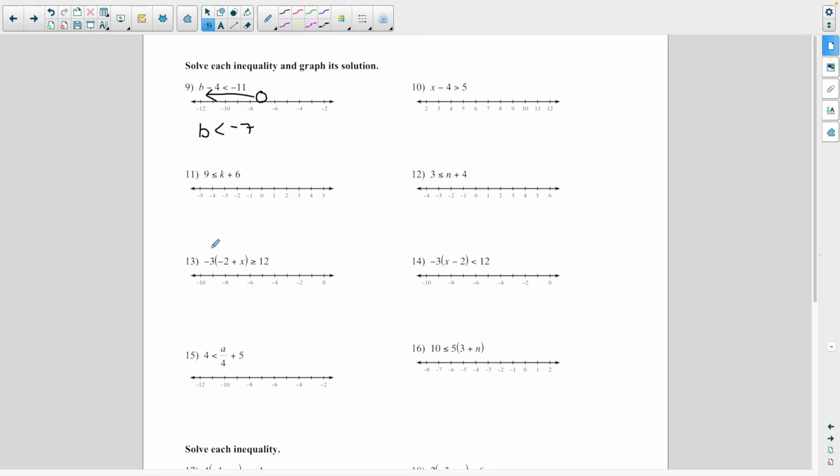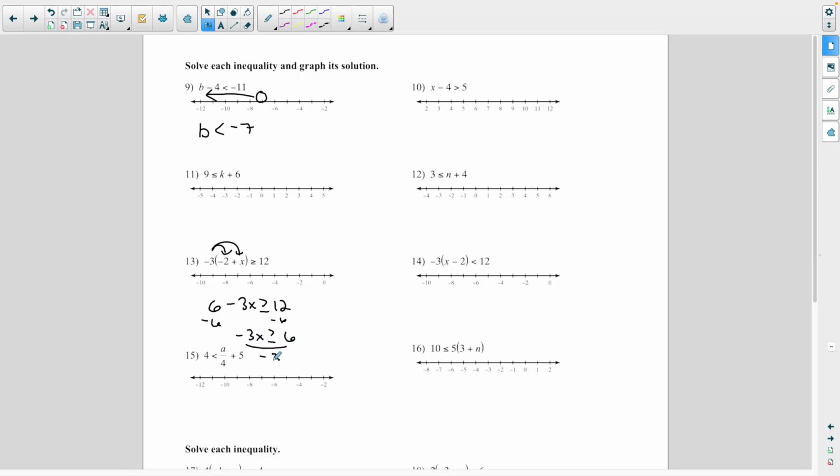Let's get down to number 13. First we distribute. It would give us a positive 6 minus 3x is greater than or equal to 12. We would subtract 6 from both sides. Negative 3x is greater than or equal to 6.